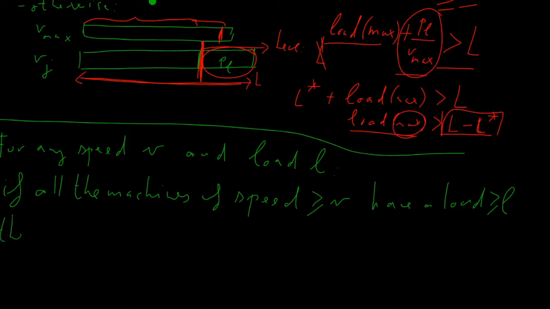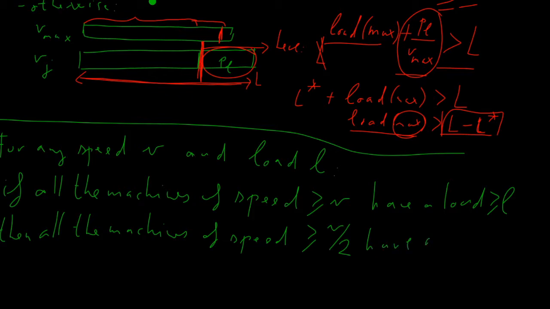then all the machines of speed at least v half will have a load at least L minus 4L star.